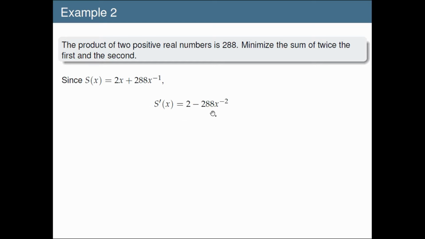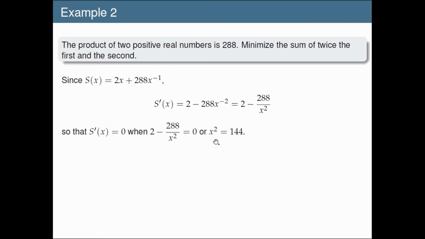We can write this as 2 minus 288 over x squared. Setting s prime to be equal to 0. Then 2 minus 288 over x squared equals 0. From this equation, 2 equals 288 over x squared, or x squared equals 288 over 2, or x squared equals 144.